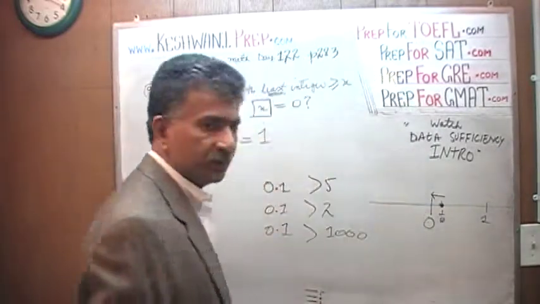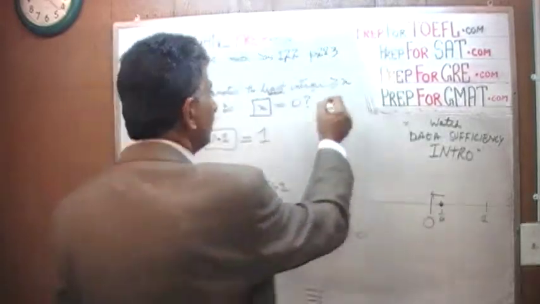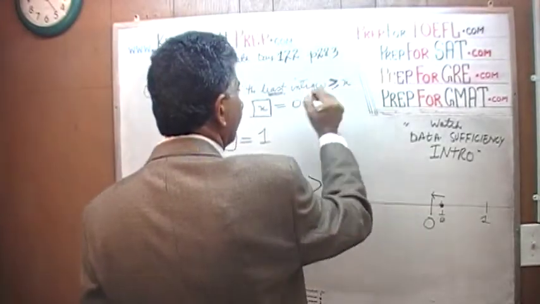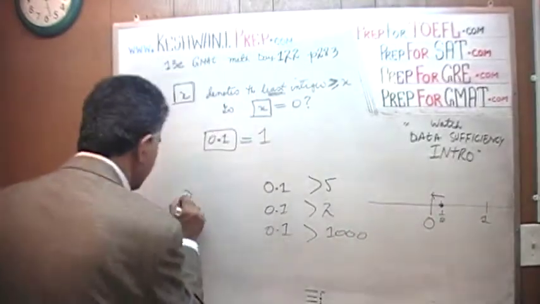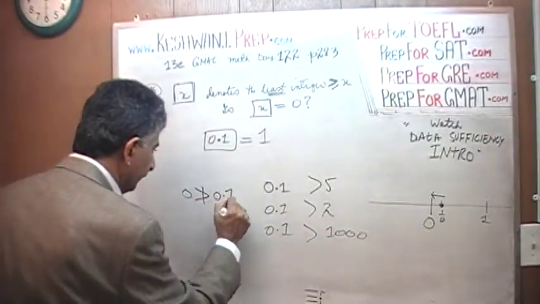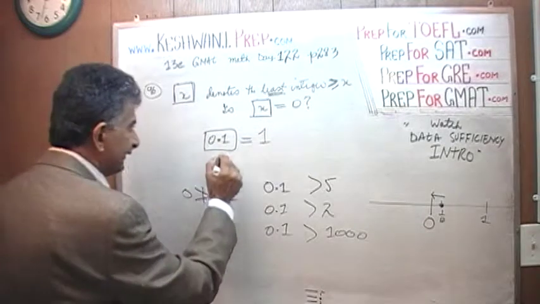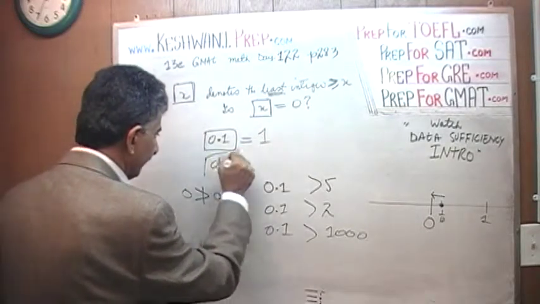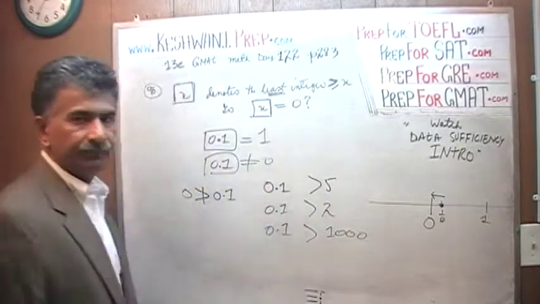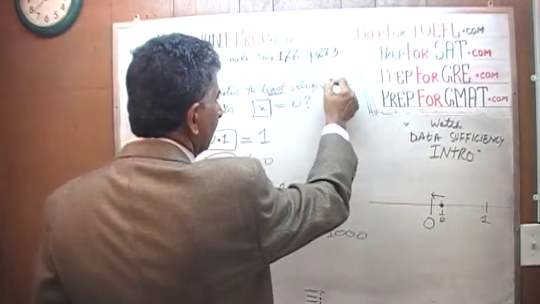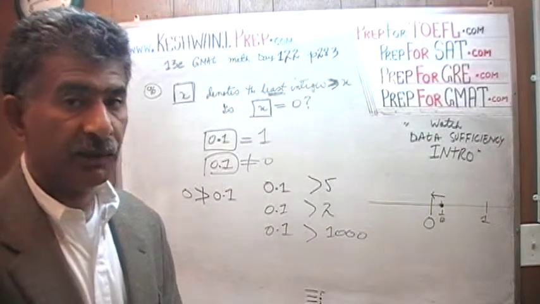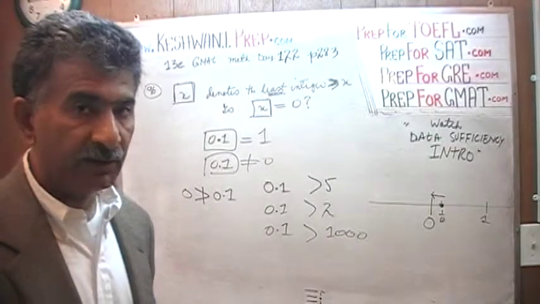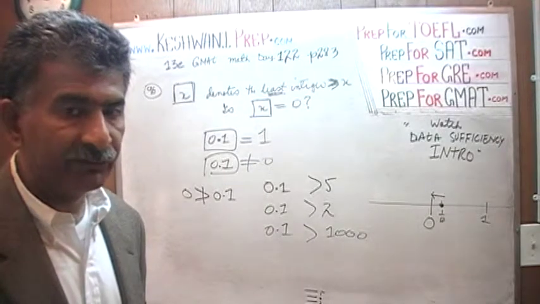But at the same time, it has to be greater than or equal to x. Since 0 is not greater than 0.1, therefore this in a box does not equal 0. So the closest integer that we can find, which is either greater than or equal to x, is 1.